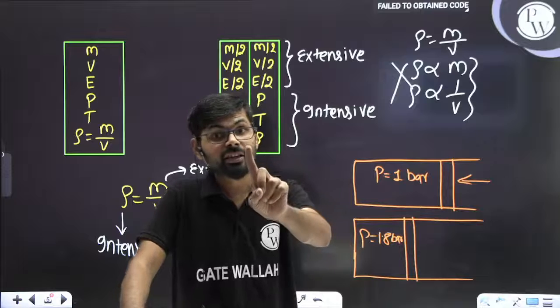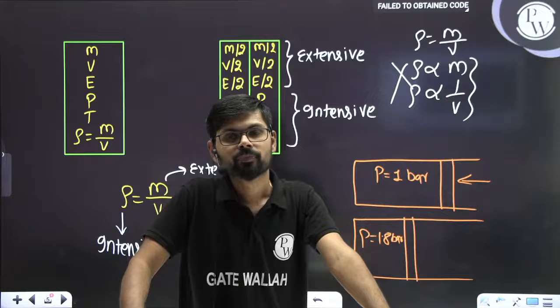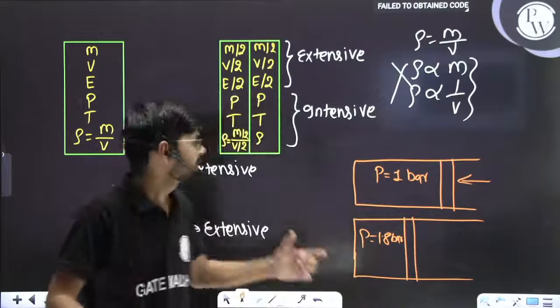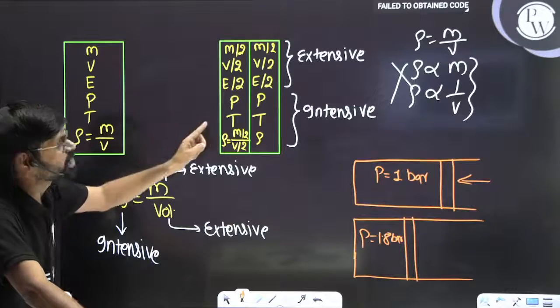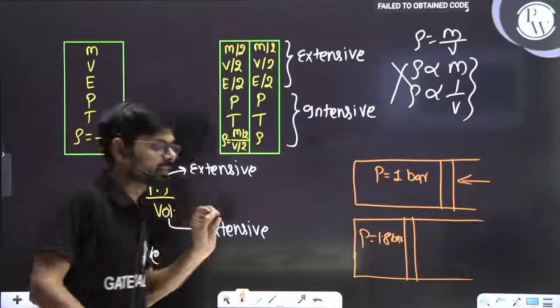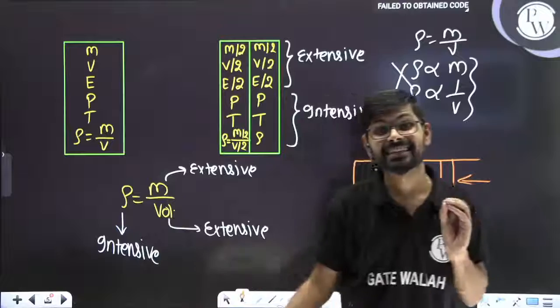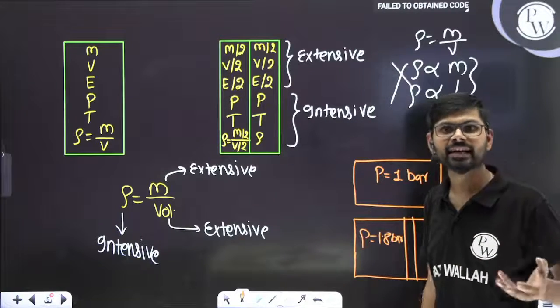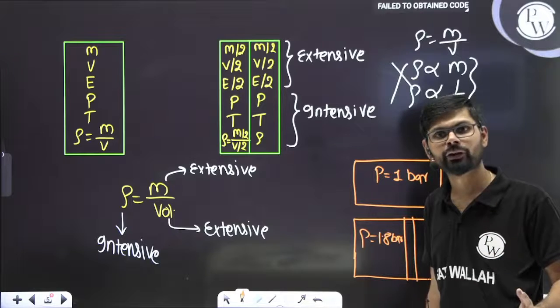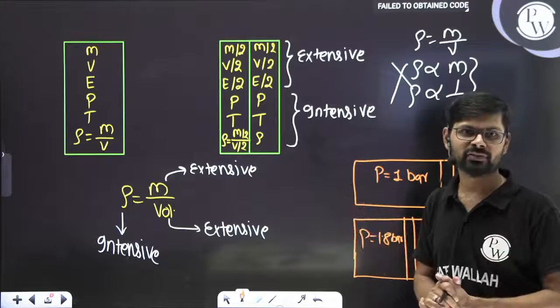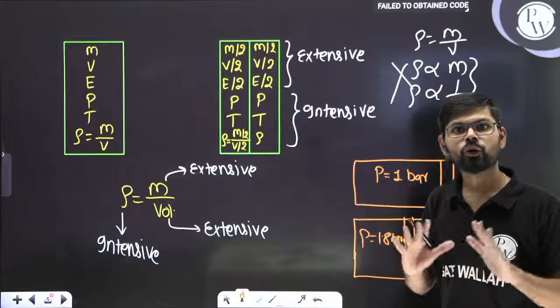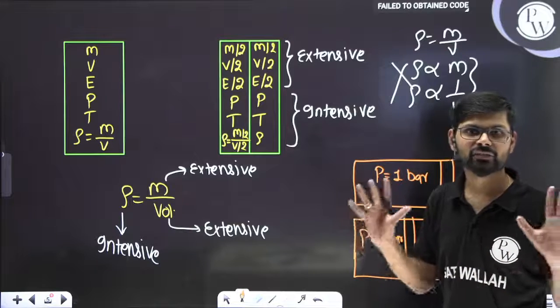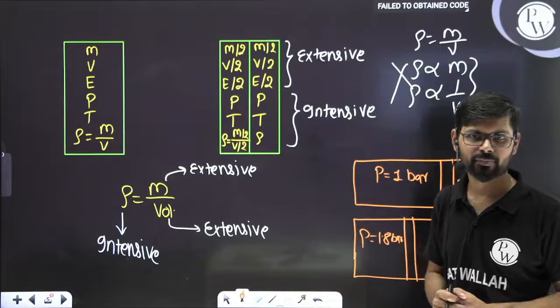So listen, my dear student friends, carefully: this criterion is only valid when there is no external interaction. There should be no heat transfer, mass transfer or work transfer from outside the system. Clear?